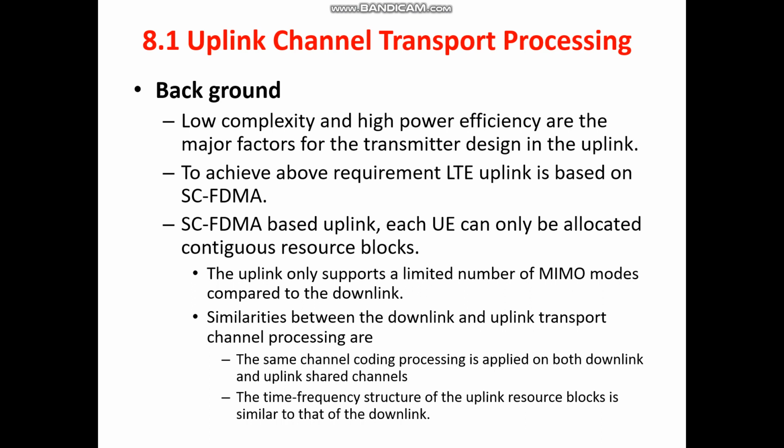Here, in SCFDMA based uplink, each user equipment can only be allocated contiguous resource blocks. As you have seen in chapter 3, in downlink, contiguous or non-contiguous physical resource block allocation was supported. But here we have only contiguous resource allocation.